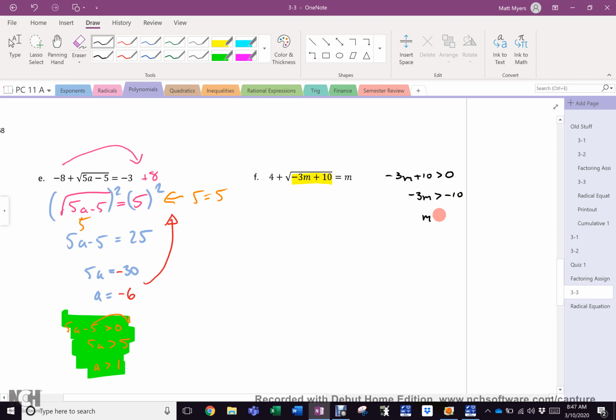And m has to be less than 3 1/3, because I divide that by negative 3. And when you divide by a negative, you flip the sign. That was from grade 9. I could show you why, or you could just remember that if you divide or multiply by a negative, you have to flip the sign. Everybody cool? So now let's say at the end of all this work, we get m equals 2 and m equals 5. Do I even need to check 5? Why not, Marcos?